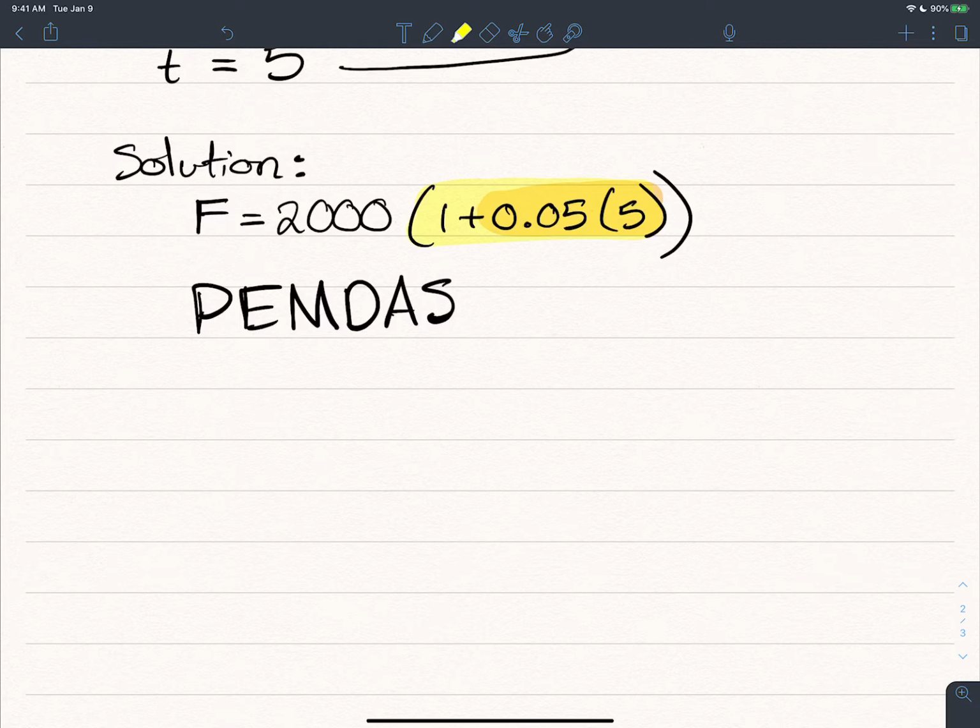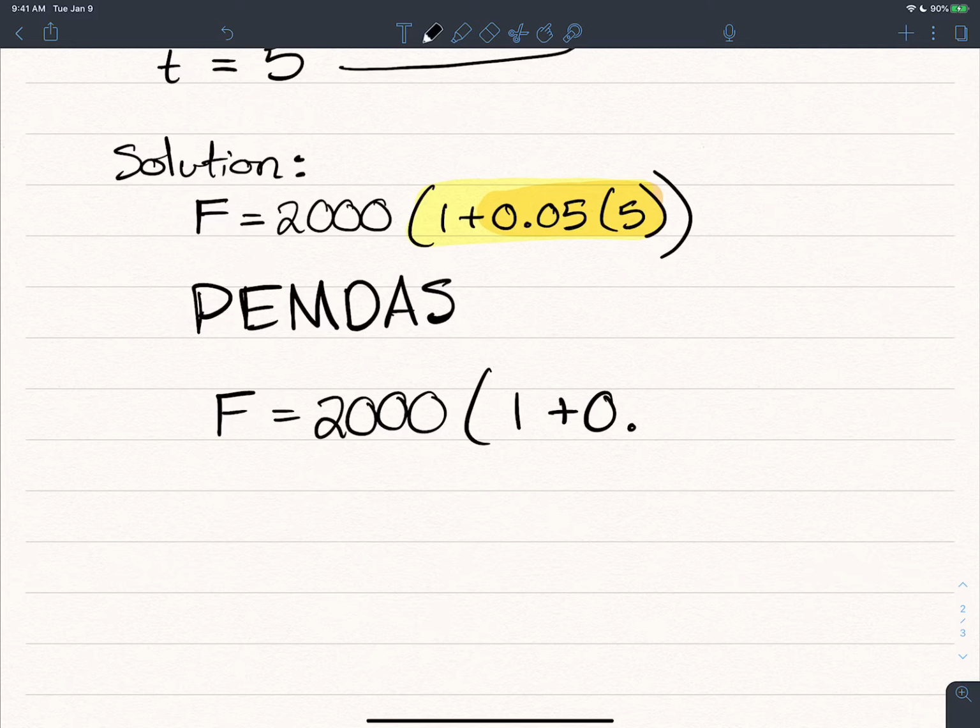So let's do the 0.05 times 5 first. And we get F equals 2,000 times 1 plus, and what did you get? 0.25.